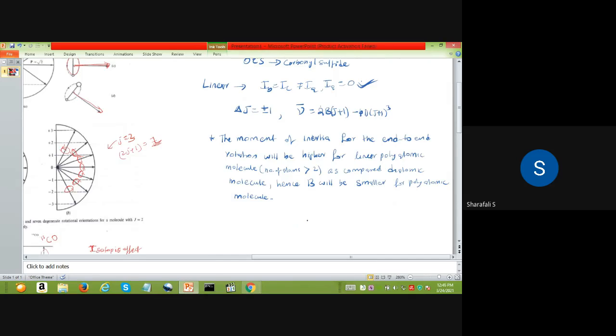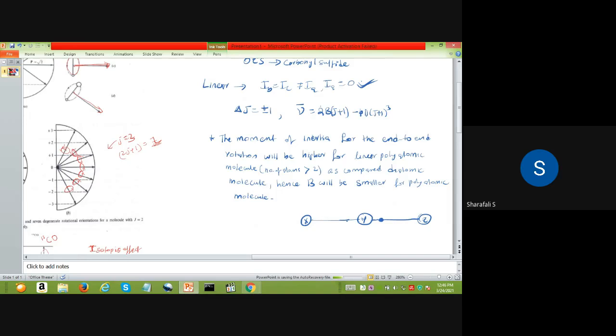As you know, for example, if you consider a situation like this, if you have an atom X here, another atom Y here, and another atom Z at this point, with your center of mass, or center of gravity, at this point.